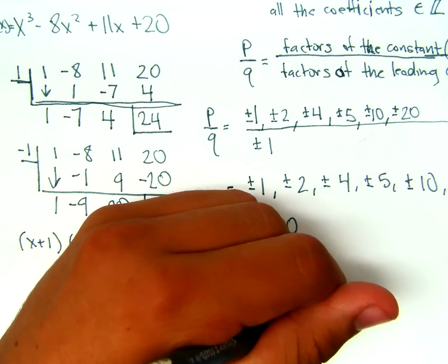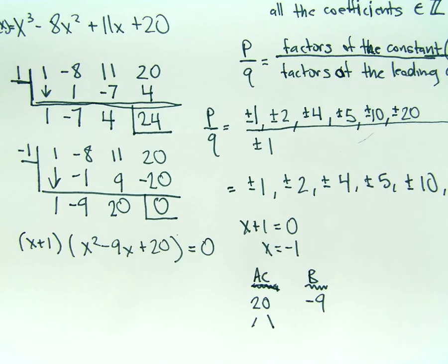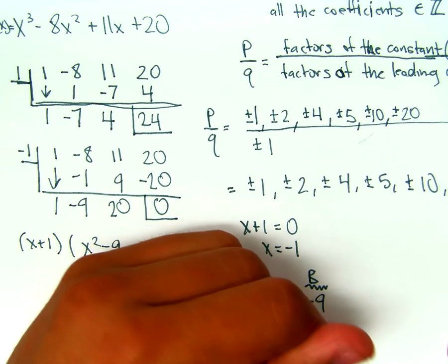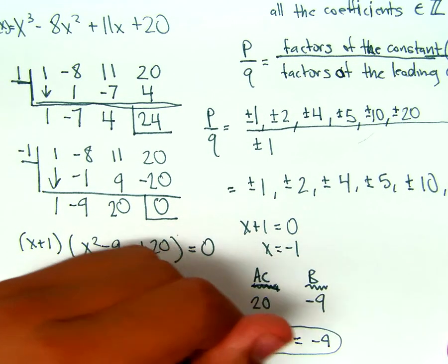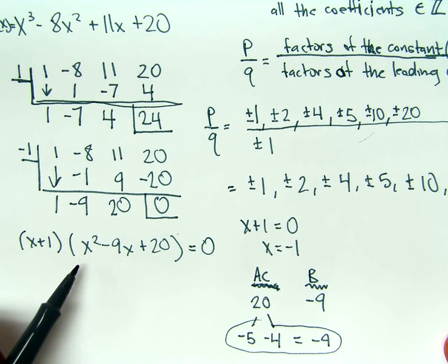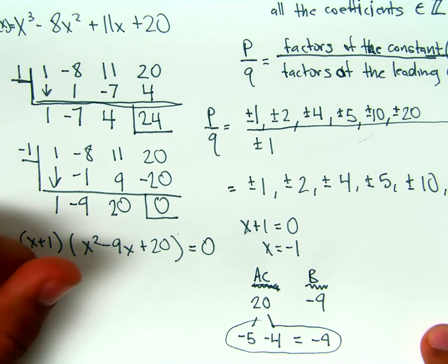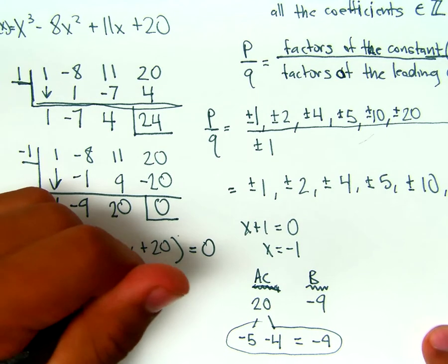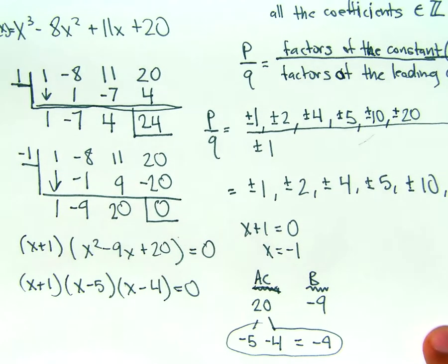What is B? So what factors of 20 can combine to give us -9? Very good. -5 and -4 combined to give us -9. Okay. And since our leading coefficient within these parentheses is +1, we can use the shortcut. So we still have x plus 1 out here. Then we have x minus 5 times x minus 4 equals 0. So is it completely factored now? Yes. So what can we do?